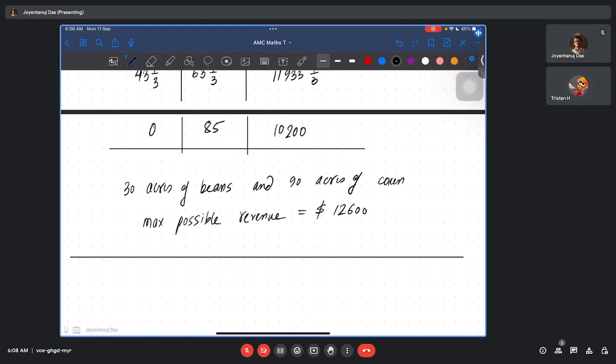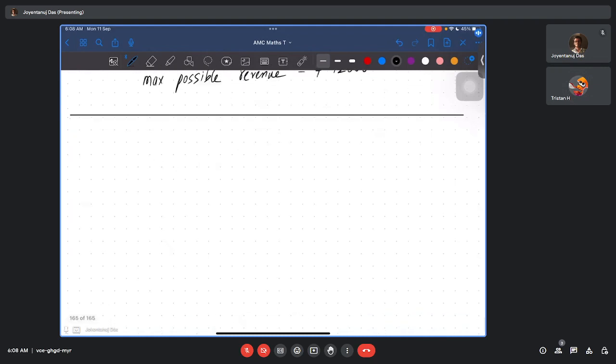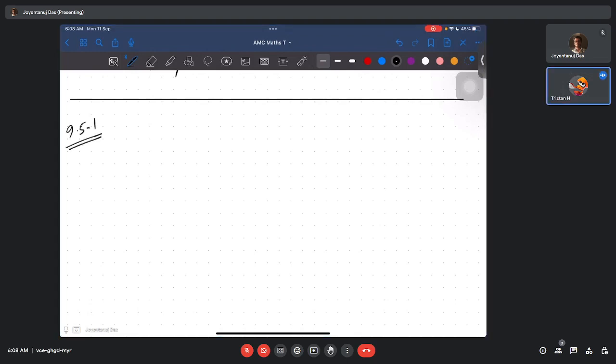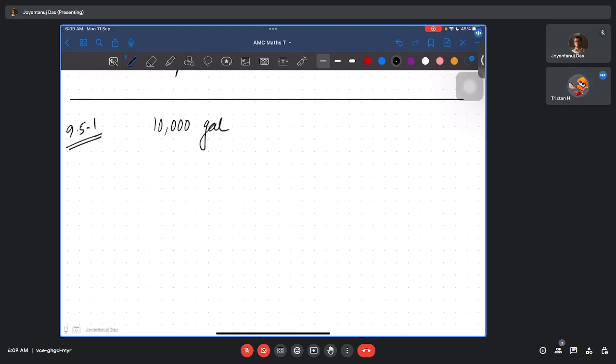Okay, so let us go to the exercises. Next one is 9.5.1. It says that Mitch's pool can hold 10,000 gallons of water, and at noon the pool is 80% full.